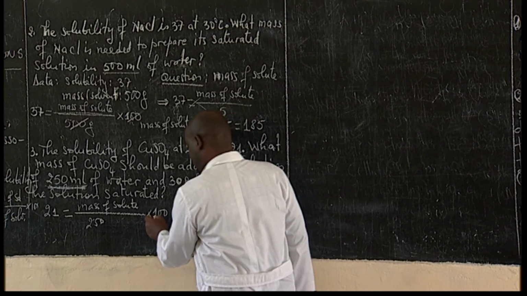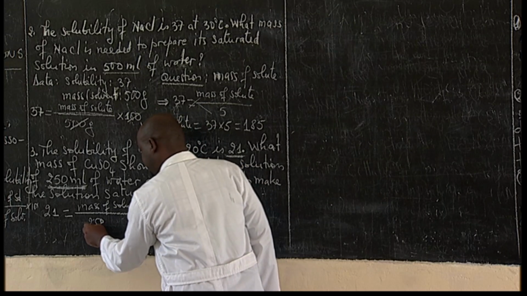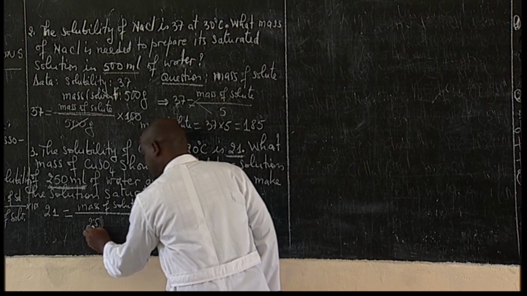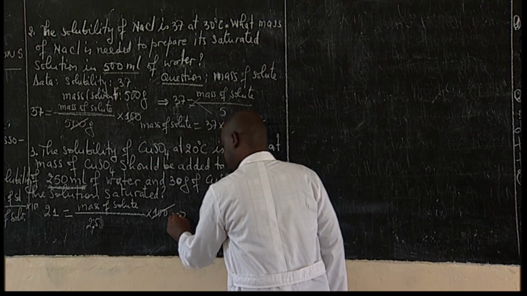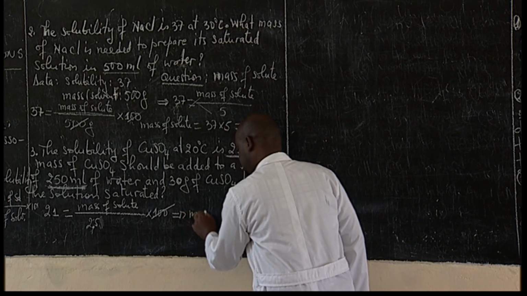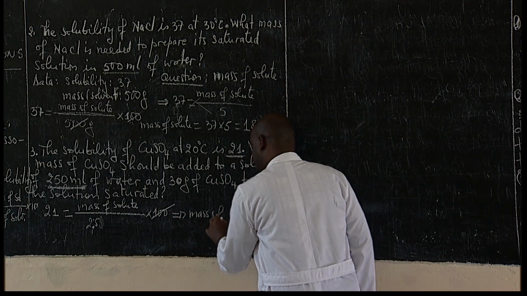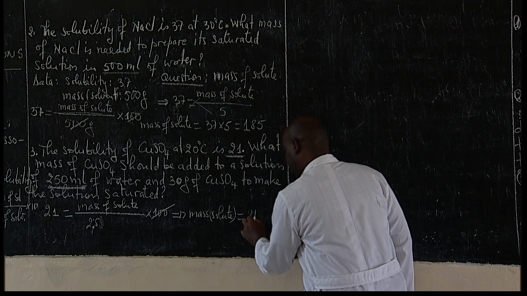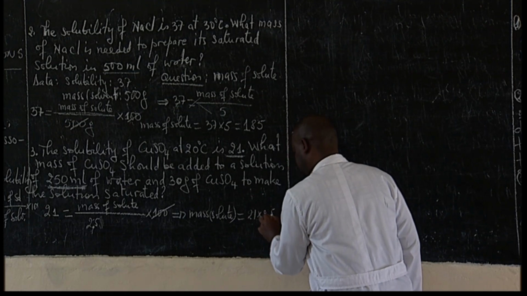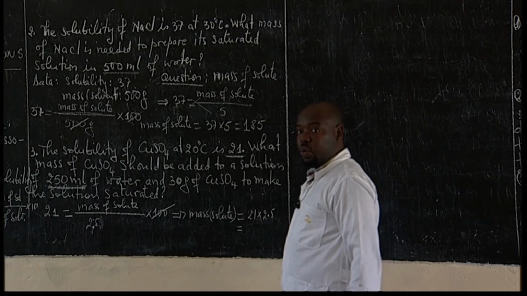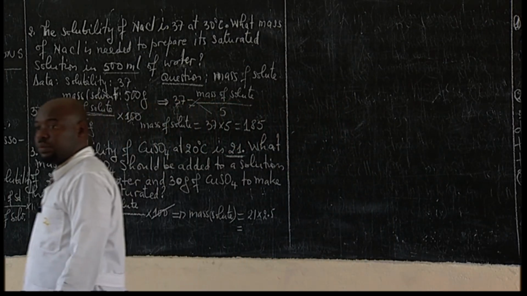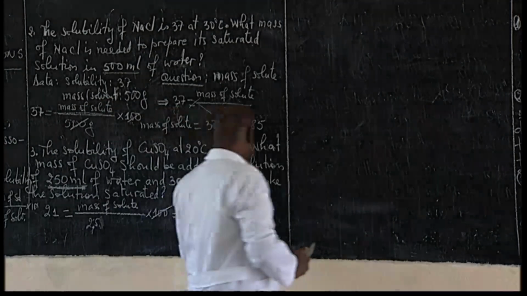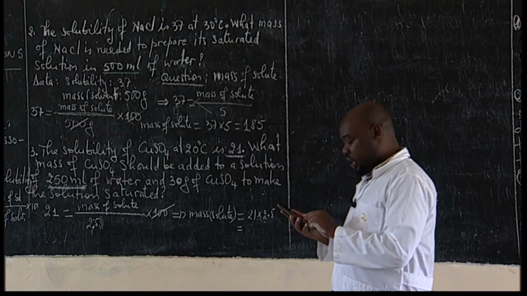Here we have 100, here we have 250, it becomes 2.5 if we simplify, and then the mass of solute to make a saturated solution will be 21 times 2.5. What do we get?